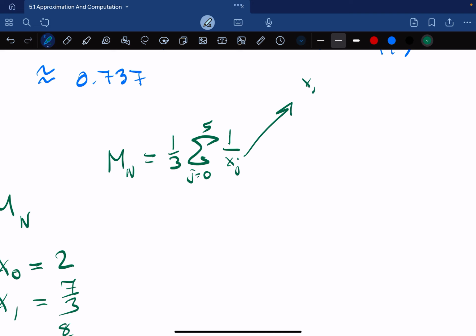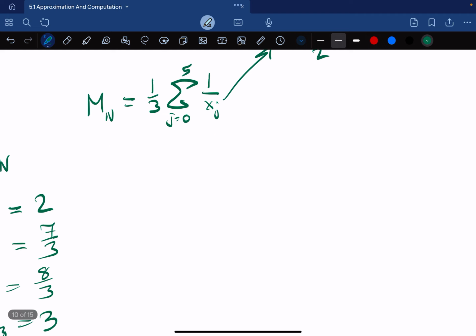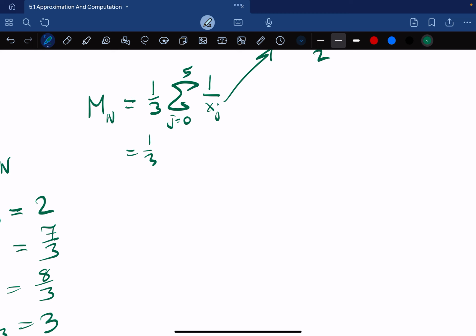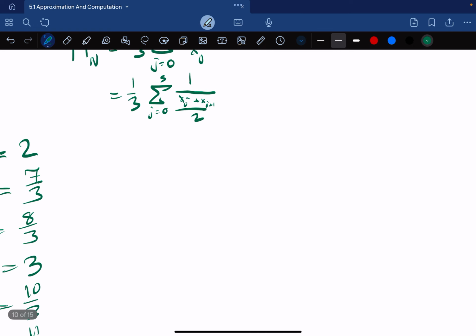This x of j actually turns into x of j plus 1 over 2. So this actually turns into 1 over 3 summation of 5 of 1 over x of j plus x of j plus 1 over 2. A beautiful equation to look at.